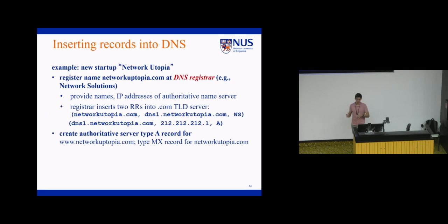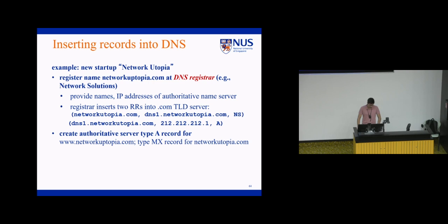DNS registrars are the ones who store the resource records. They can be in the TLD servers or in the root DNS servers. But we are inserting our records into a TLD server, and I'll explain why that is.